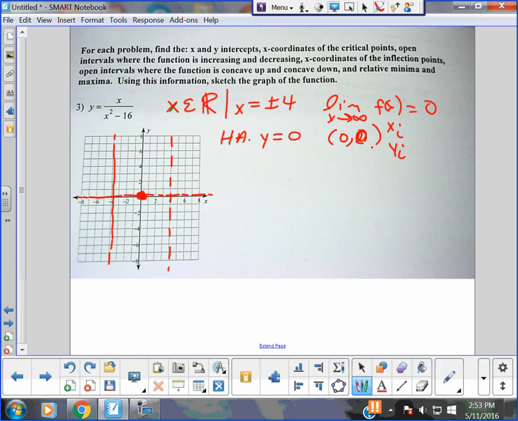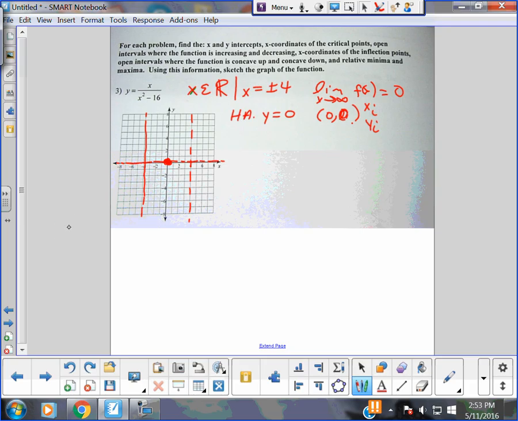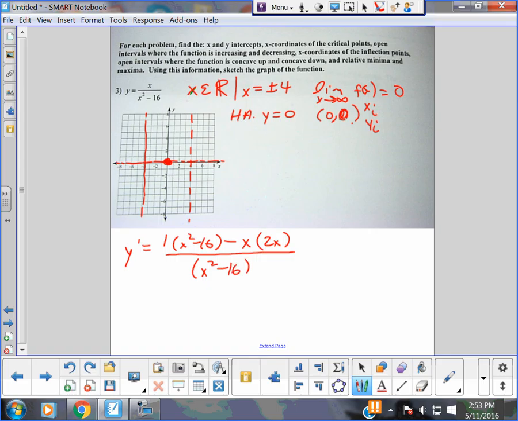The derivative of this has to be taken. All right? So if I go here and say y prime, 1 times x squared minus 16, I'm doing the quotient rule, right? Minus x times the derivative of x squared minus 16, which is 2x, all over x squared minus 16 squared.